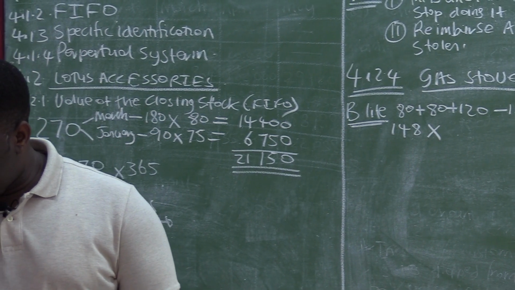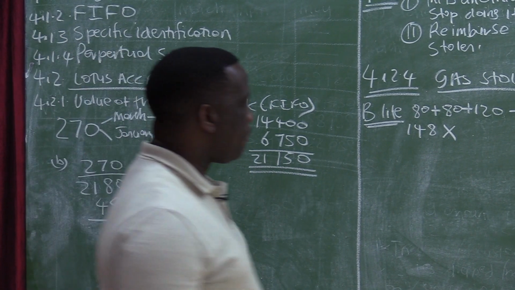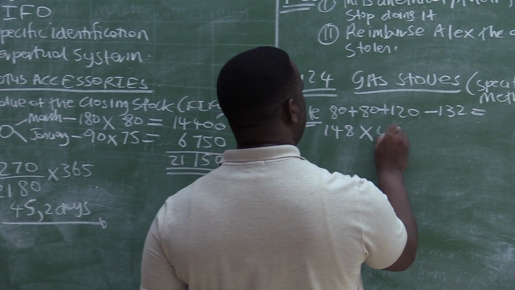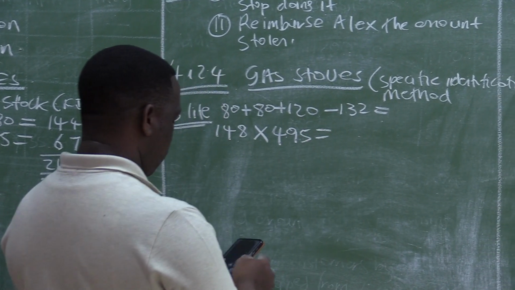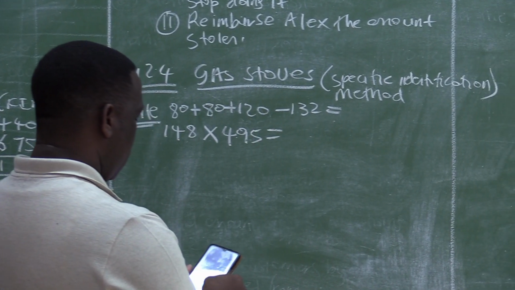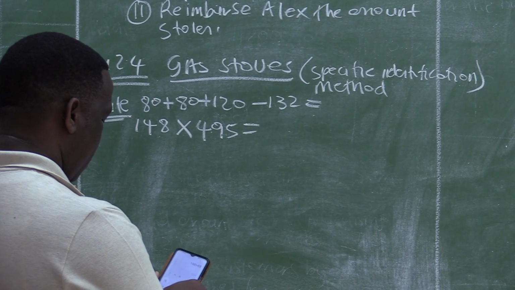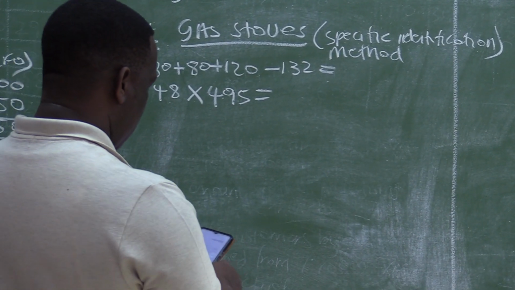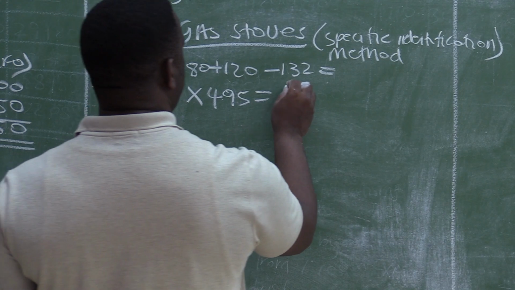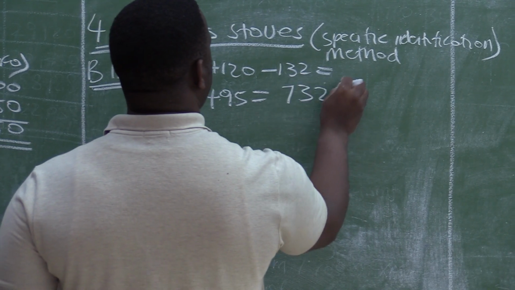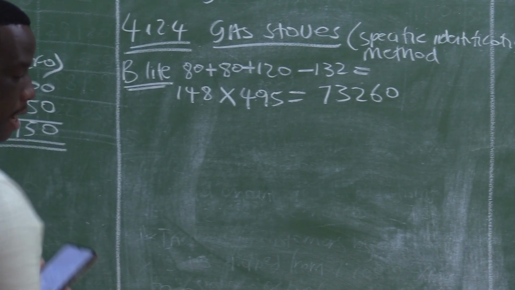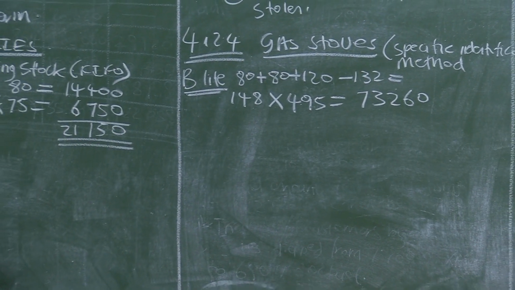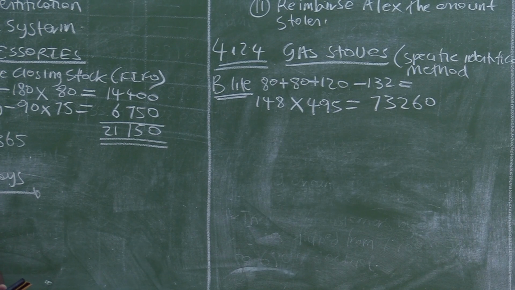Then the unit cost for B light is 495. 148 multiplied by 495 equals to 73,260. It's B light.